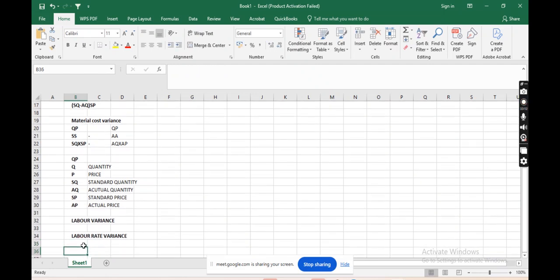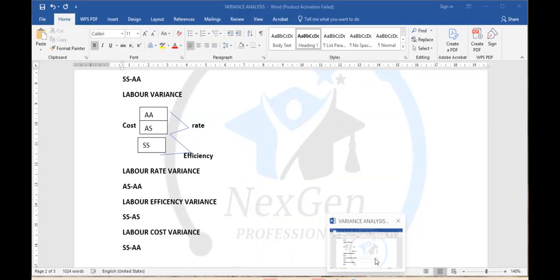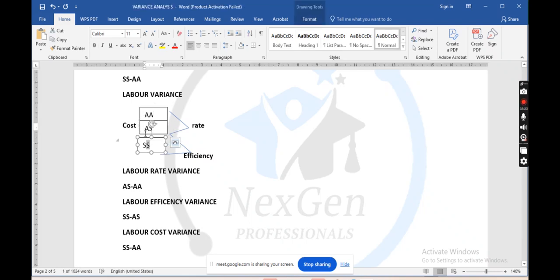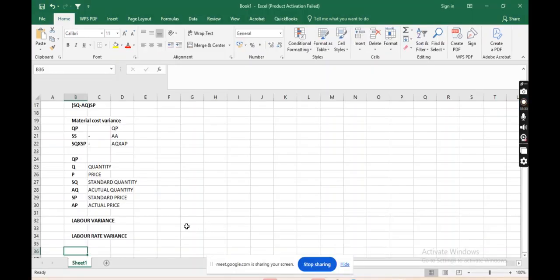The labor rate variance is AS, I pick it from here, AS to AA. Then SS to AS for efficiency. So AS, which is the rate, and AA. So I can have here AS minus AA. So I have to raise it to power because of labor.